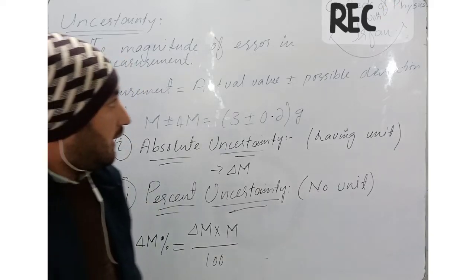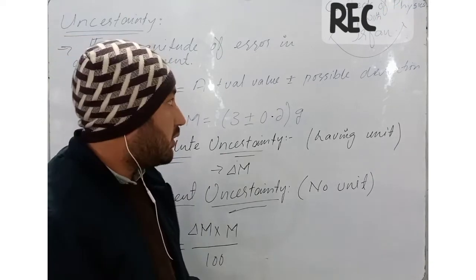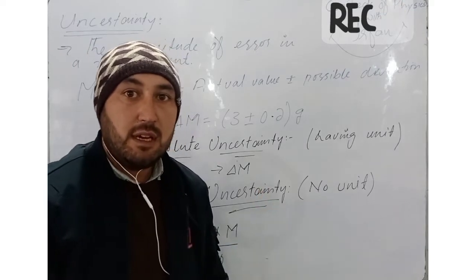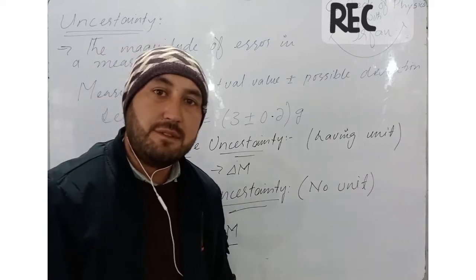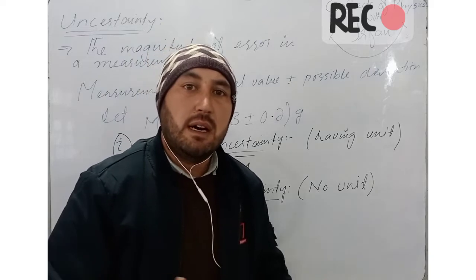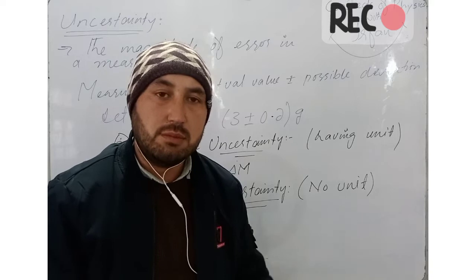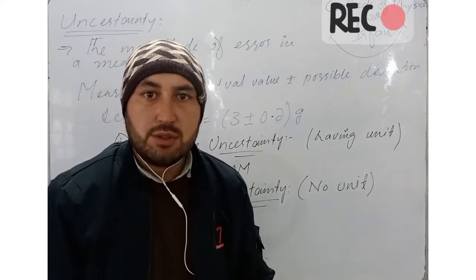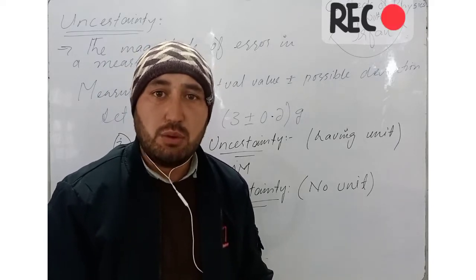Next, we are going to discuss 3 different cases. Those cases are very important in the context of first year physics because we will be dealing with different physical quantities, and sometimes they are in addition form, sometimes in product form, and in some cases we even have exponents. So how are we going to find uncertainties in such situations? For that we have to look at 3 different cases.